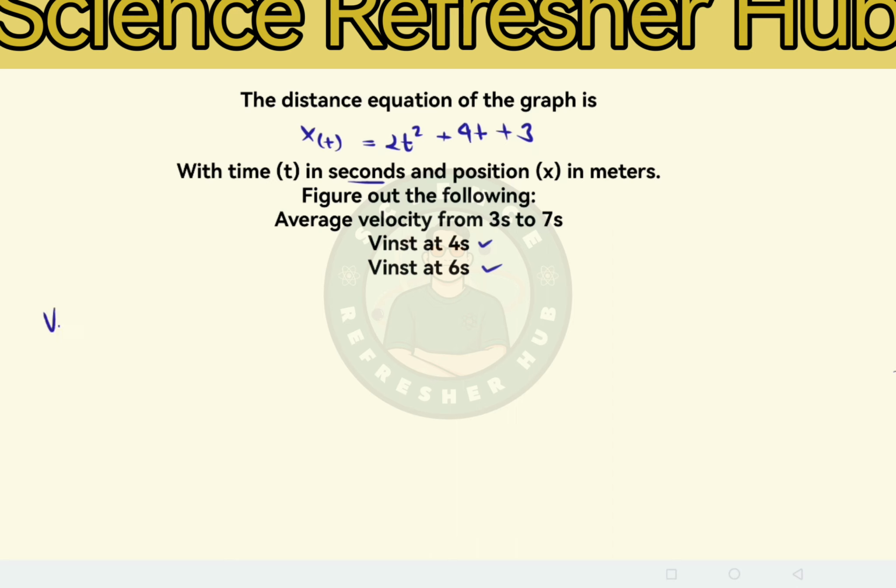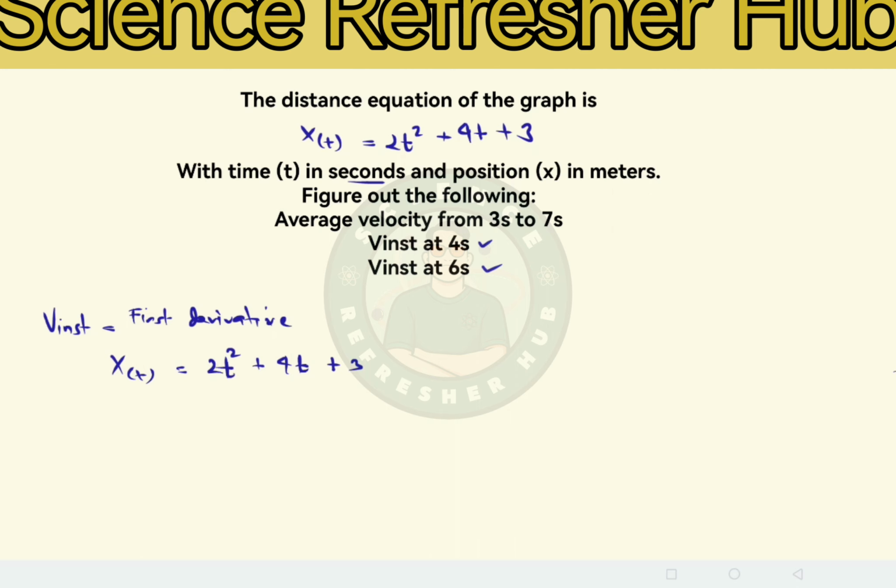Remember, your instantaneous velocity is the first derivative of our function here. So we will get the derivative of our function. So we have x of t. I will just write it here or copy the function provided.